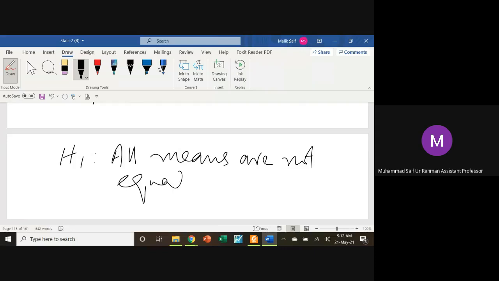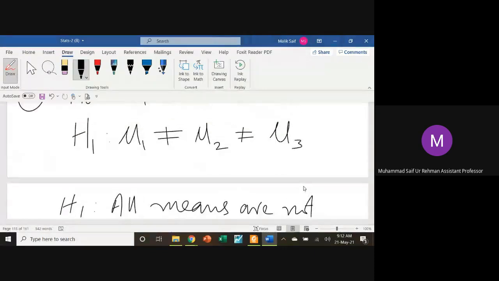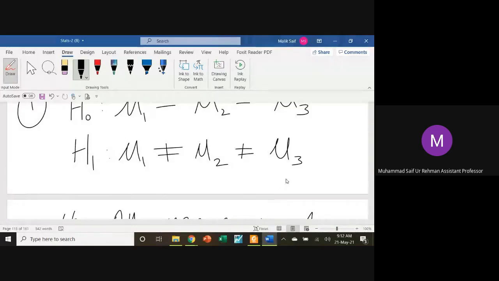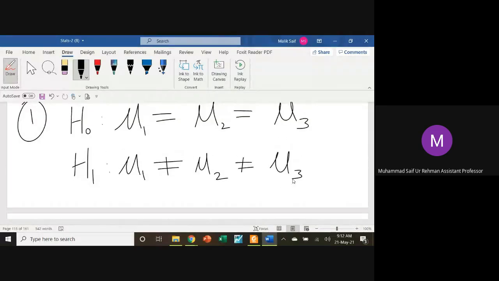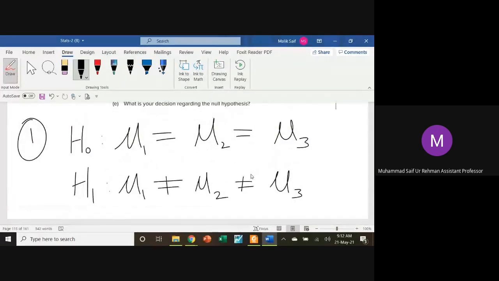Or you may write at least one mean is not equal to another, or at least 2 means are not equal. So in that case, this will be the null hypothesis. If, let's say, 2 are not equal, the null hypothesis would be rejected.